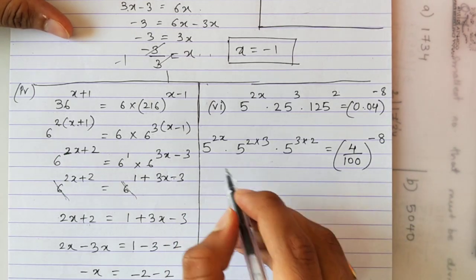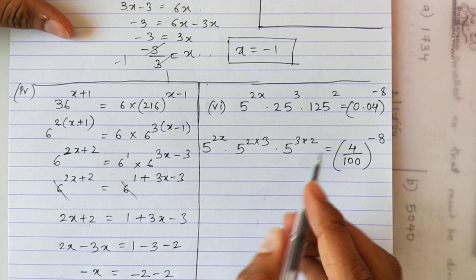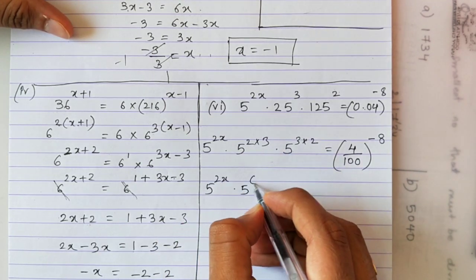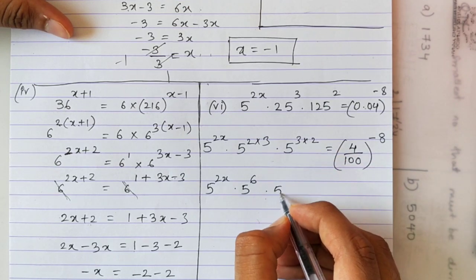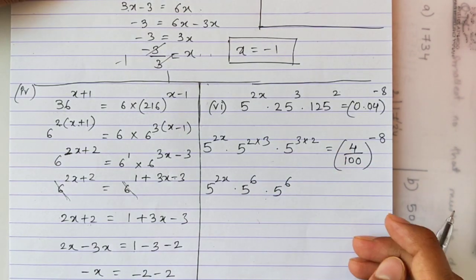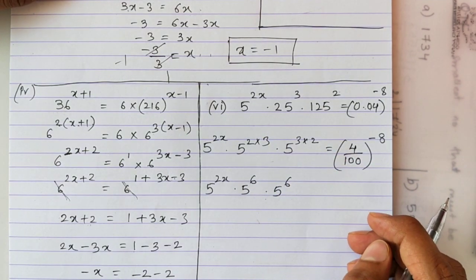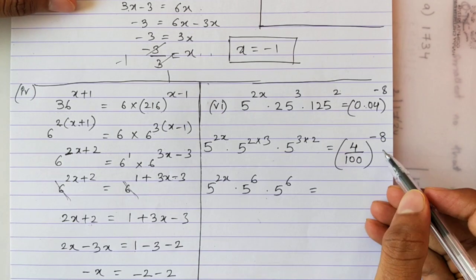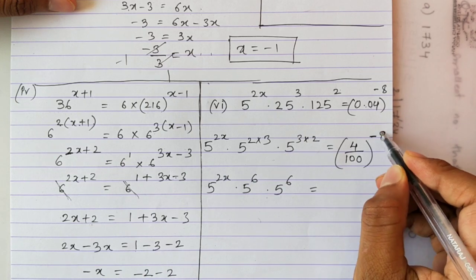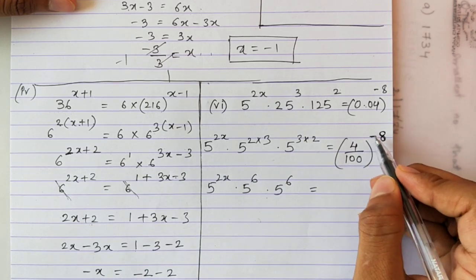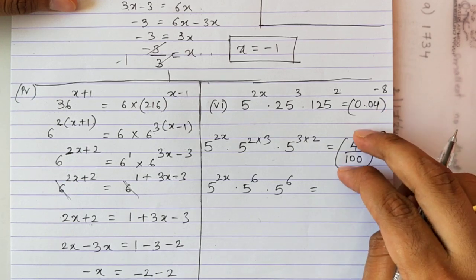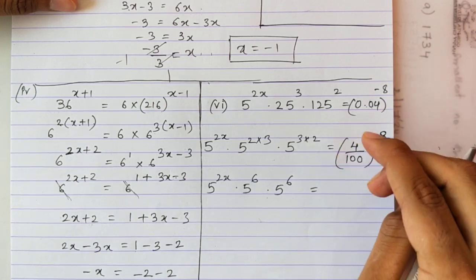So next step, see the base is the same. No, first let's simplify it. So 2x into, 2 threes are 6, into, 3 twos are 6, is equal to. See here, the most important step: I have minus 8 here. If I want to make the power positive, I'll take the reciprocal of the fraction.